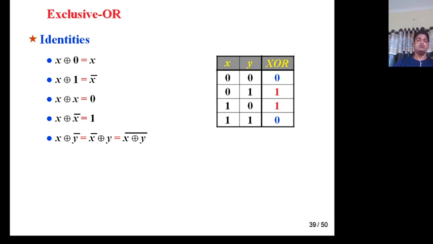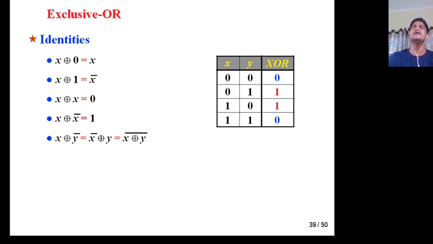And X XOR Y bar is always equal to X bar XOR Y. It is nothing but the XNOR gate. So you have to remember, if there are two inputs X and Y in case of an XOR gate, and we complement any one input, either X bar or Y bar, it becomes an XNOR gate.